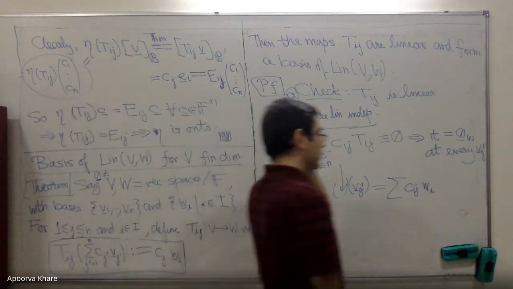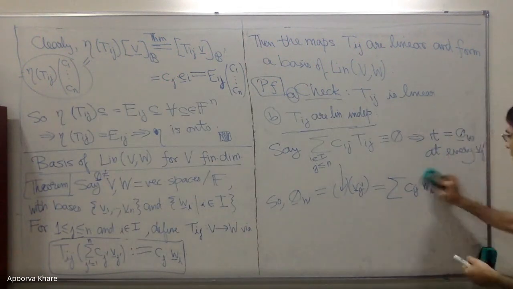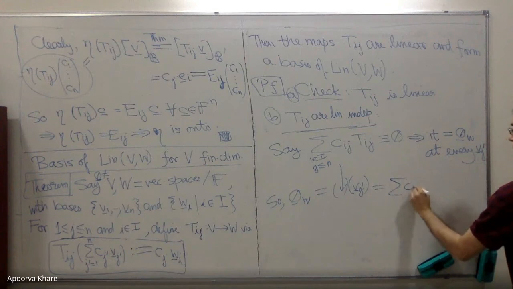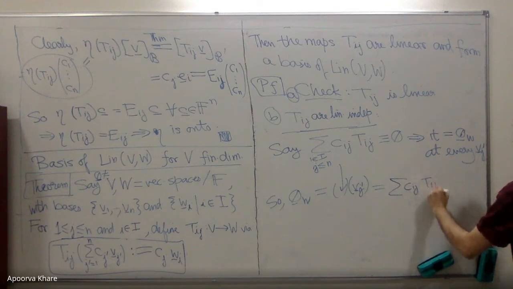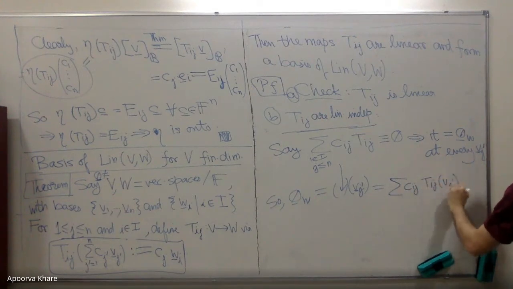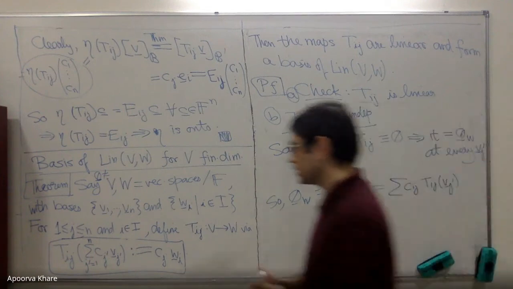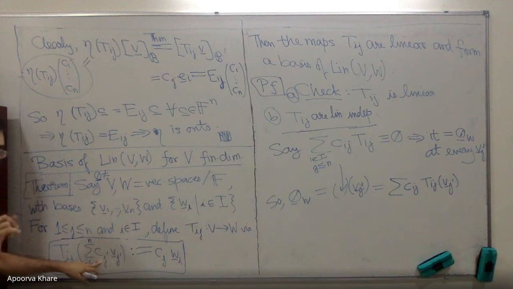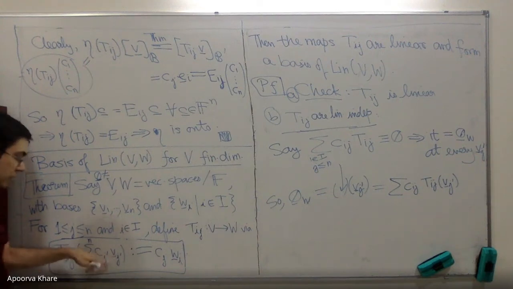What do I get when I evaluate this? Let's write this down carefully. Cij Tij of Vj prime. Suppose Vj prime has a coefficient of 1 and the others have coefficient of 0.